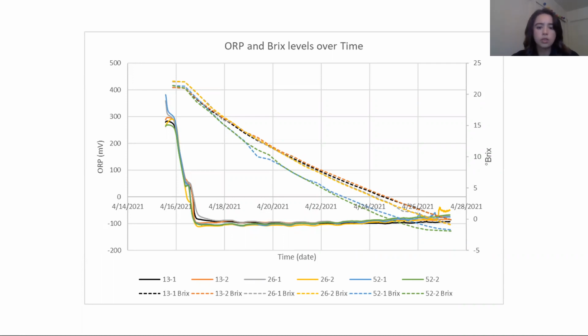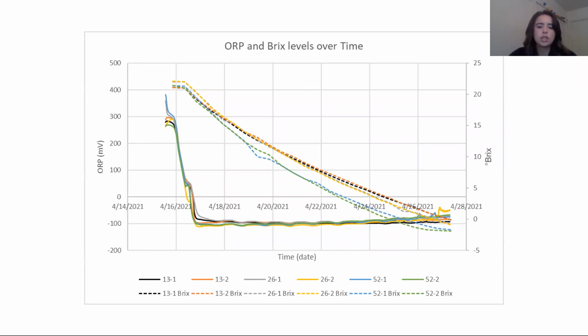So there are slight differences in the beginning with the curves. However, it mostly shows that the 13 and 26 milligram per liter conditions were acting similarly. Right here, we see those differences, but we see that it's 26 and 13 that are acting very similar, and they all eventually are at this line of negative 100.